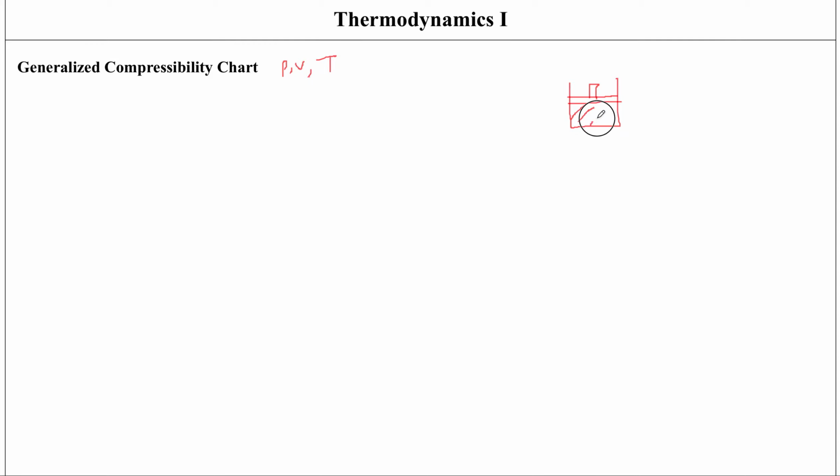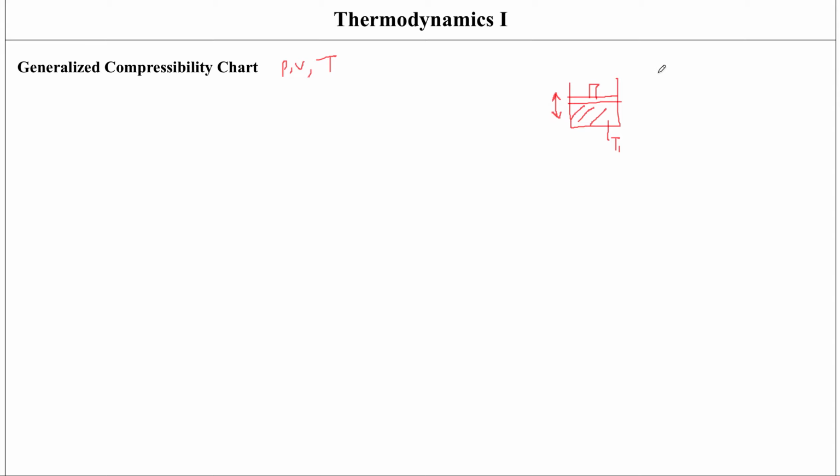So let's say the temperature in here is T1. This piston can be moved. I'm only changing the pressure of this gas within the system, so the pressure can be decreased or increased, but the temperature remains constant.